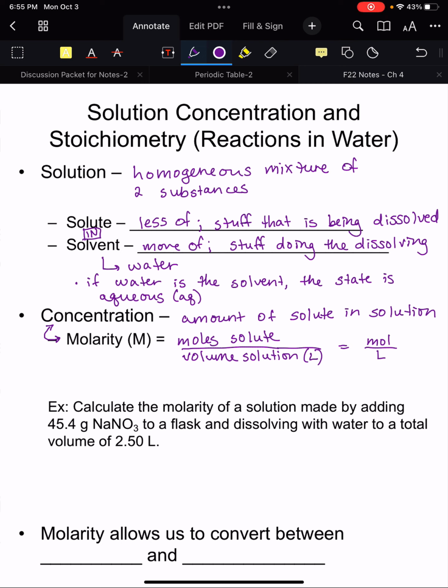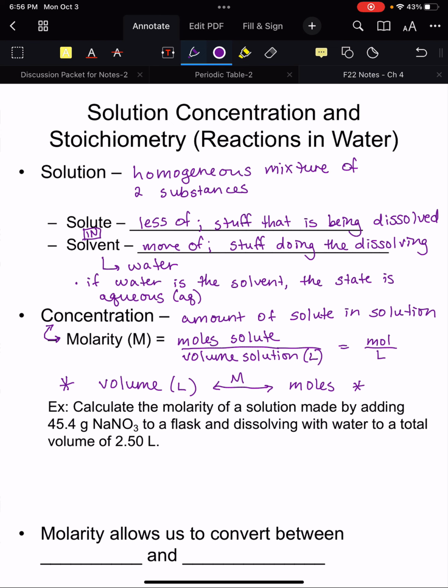And what I really want you to understand, and so I'm going to put a big star by this, is that if you have a volume in liters and you want to get to the moles, or if you have moles of something and you want to get to the liters, the conversion factor between them is molarity. Just like before, when we used molar mass to get from grams to moles and vice versa, now we're going to use molarity as a way to get between volume and moles.